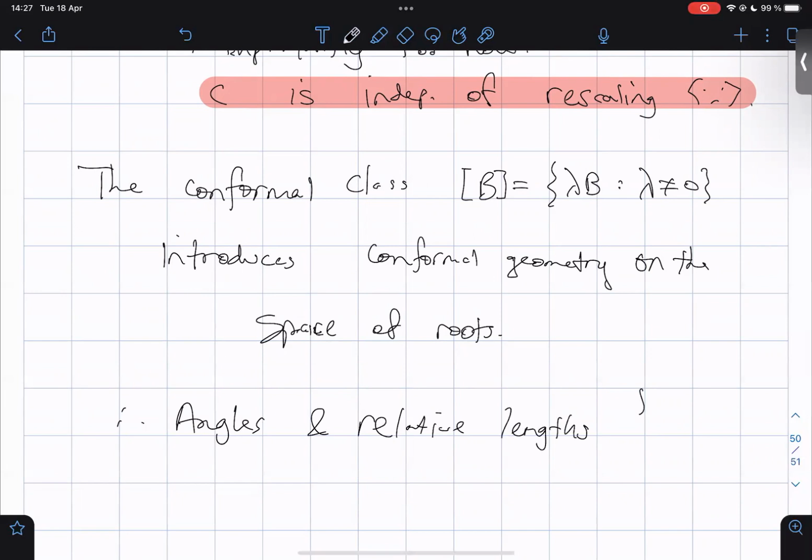For example, if I consider the ratio, that'll still have some intrinsic meaning, independent of the choice of whether I choose B or 10,000 B. So these concepts persist as having meaning in conformal geometry.